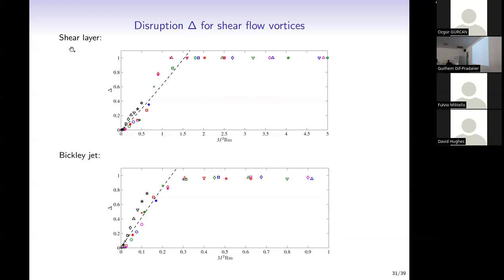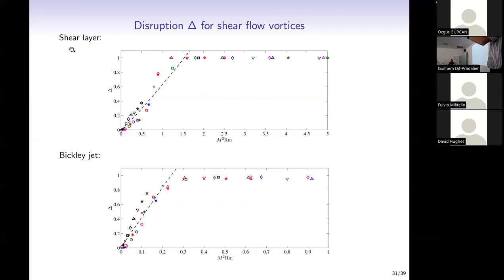Okay, so I have results for both the shear flow vortices and the isolated. And our claim, remember, was that disruption occurs if m squared Rm is order 1. So obviously what you should plot is the disruption parameter.